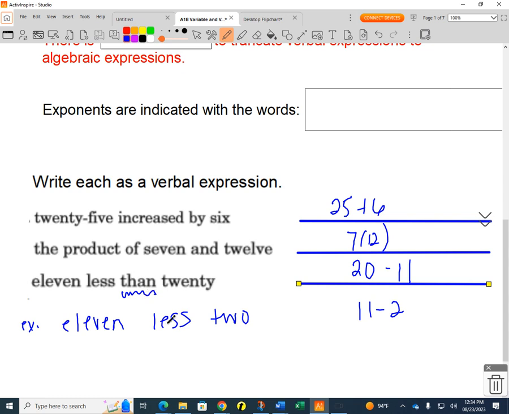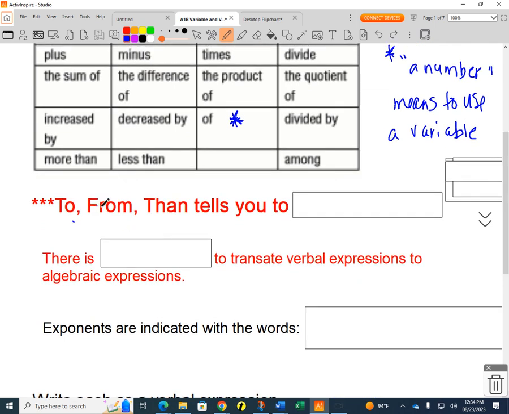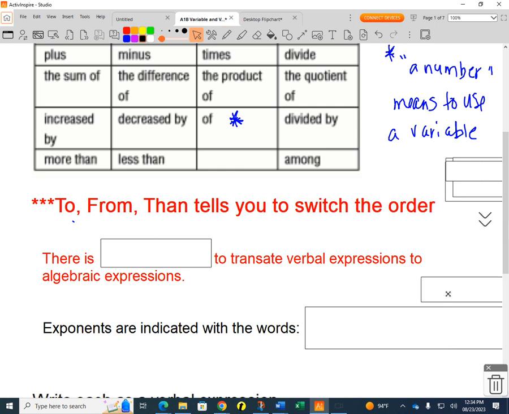I'm just going to tell you right now, that word is on the test. So you have to know what that means. Okay? So let's go back up here. To, from, and than tells you to switch the order right here.